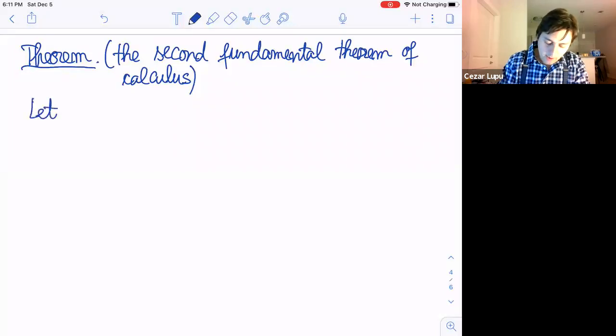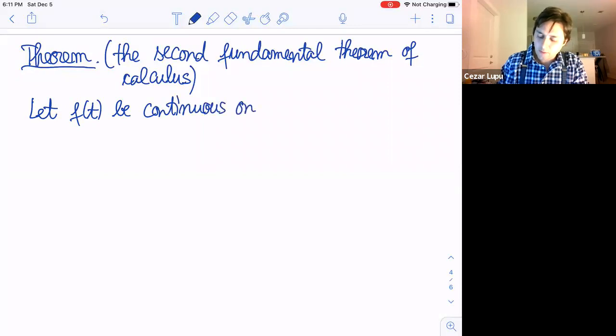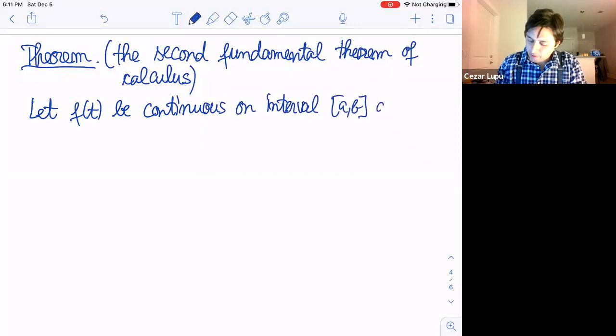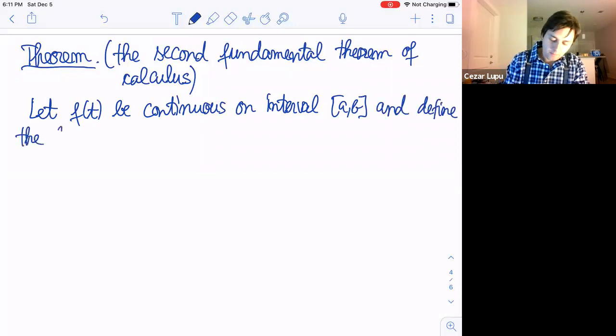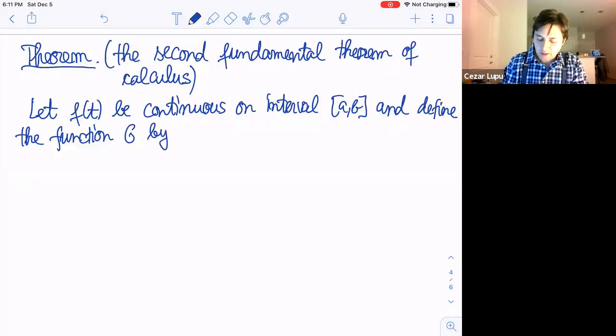Let's consider that f of t be continuous. So we're going to consider, again, a continuous function on the interval [a, b], and define the following function, capital G, by the following integral equation.